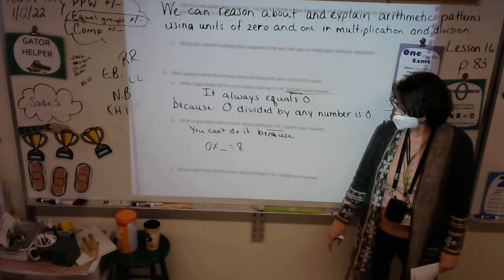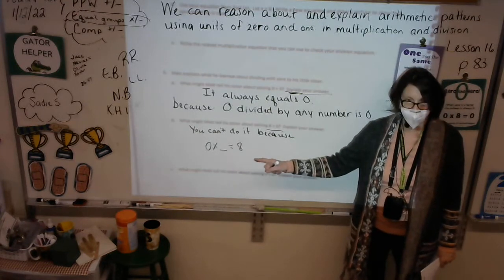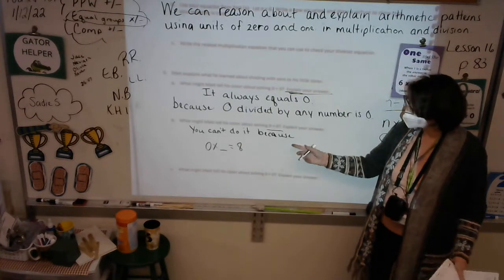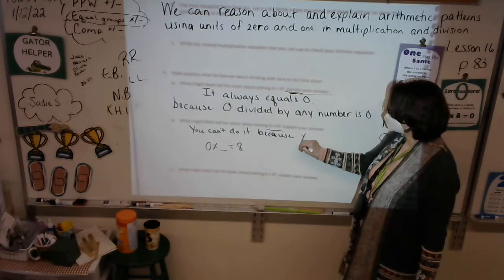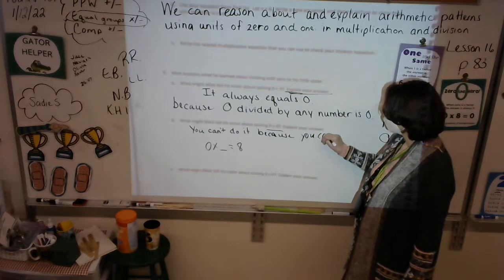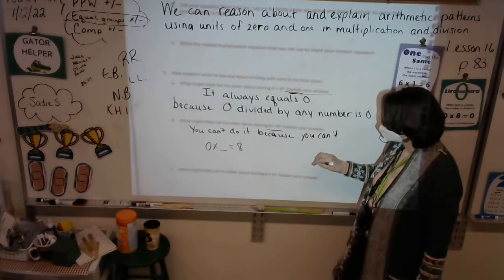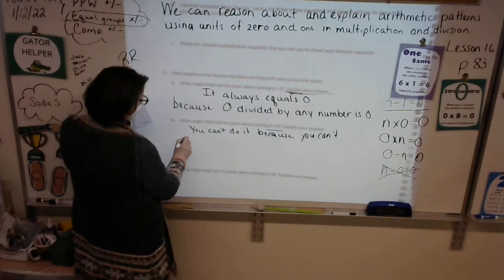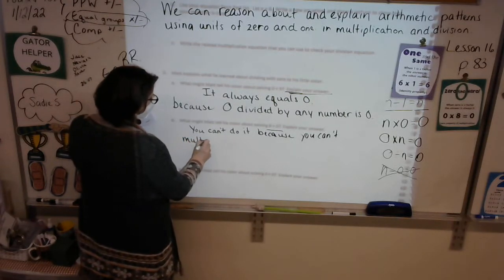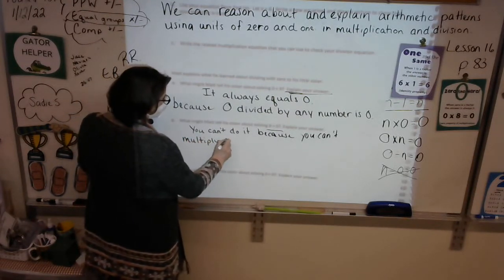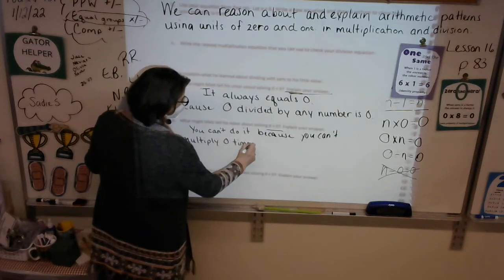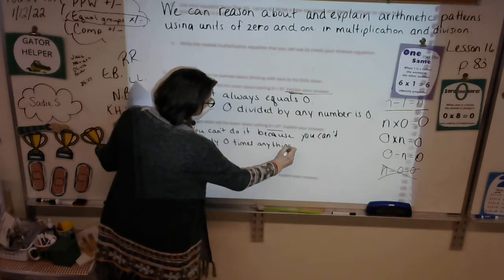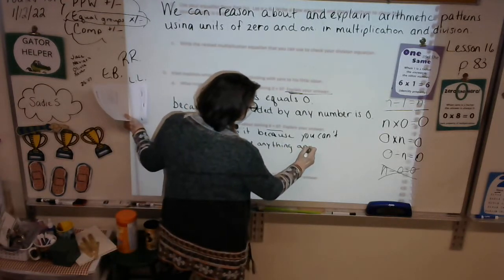That's why you can't multiply 0 times anything and get 8. So we're going to say, why? Because you can't multiply 0 times anything.